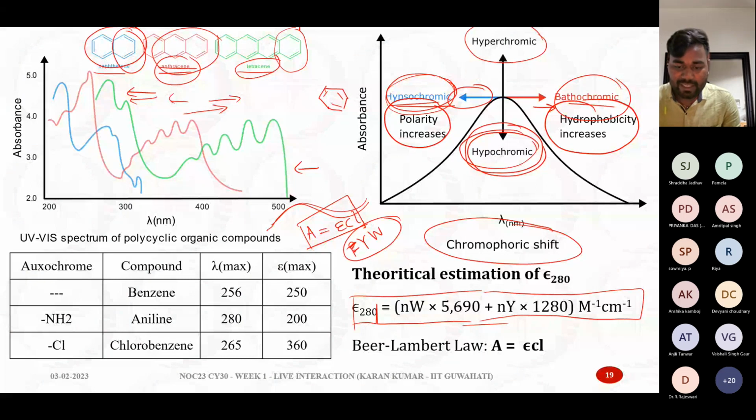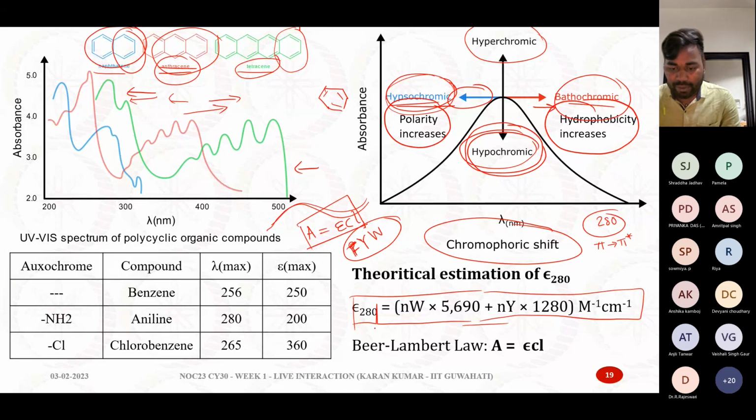So phenylalanine, tyrosine, and tryptophan are the 3 amino acids which can absorb UV light because of the conjugation or aromatic ring present in them, and because of pi to pi star transition, they can absorb light at 280 nanometer.